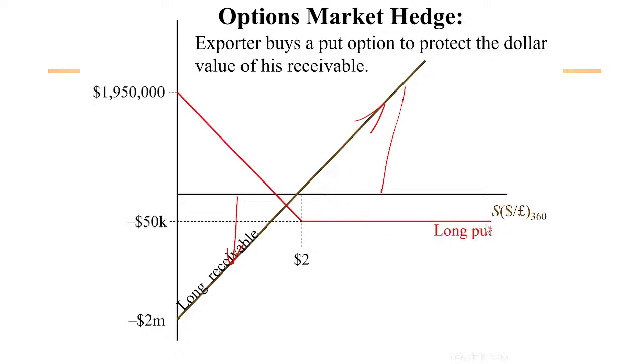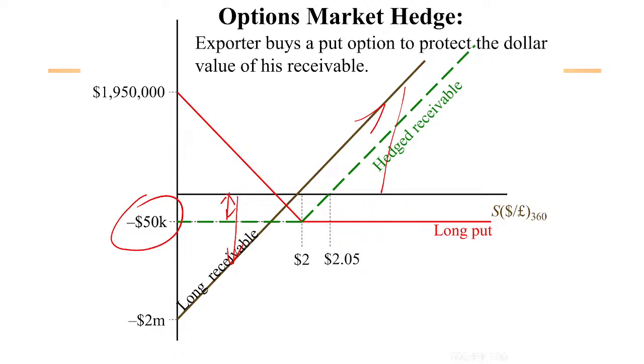And we could use a long put option to limit our loss on this side, you see. This green curve is our hedged position. So the maximum we are going to lose is 50K instead of 2 million potentially.